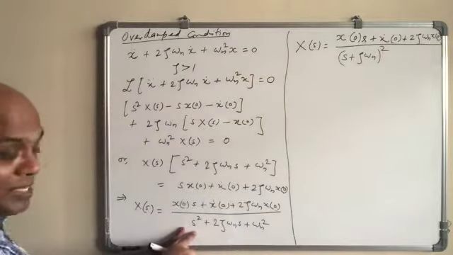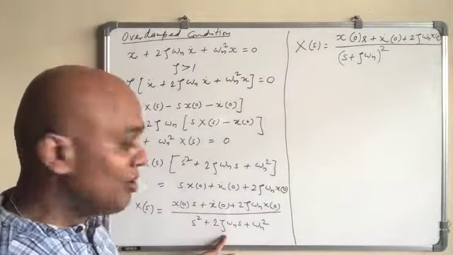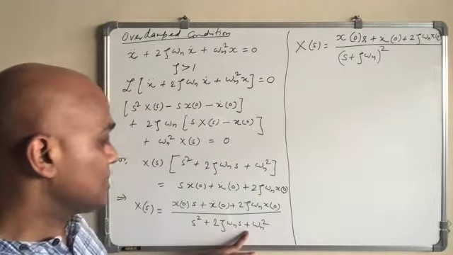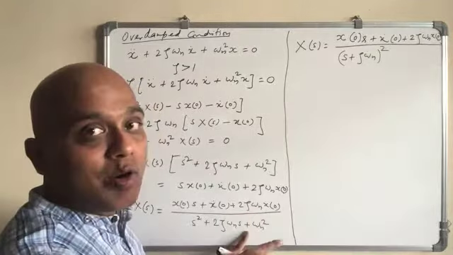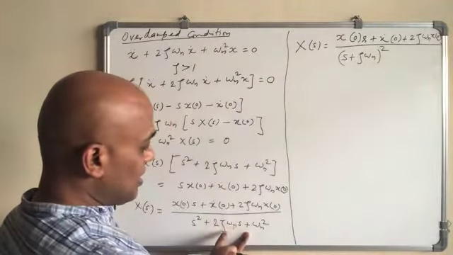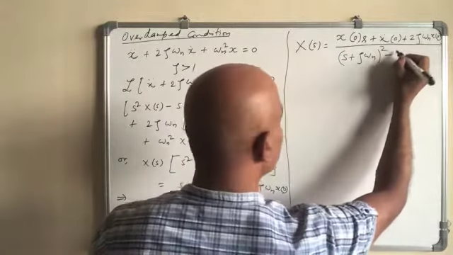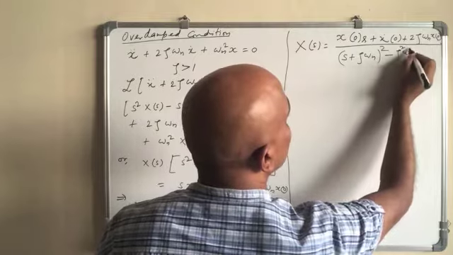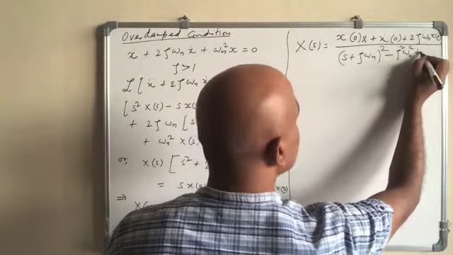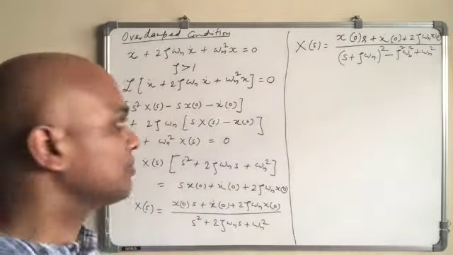Then we get s square plus 2 zeta omega n s plus zeta square omega n square. So we get zeta square omega n square extra, right? So we have to subtract that here, so we get minus zeta square omega n square plus omega n square, like that.